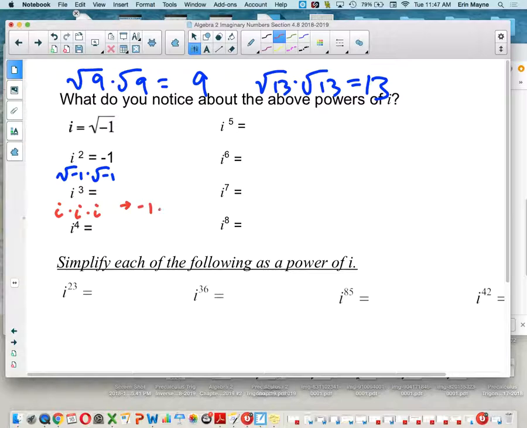Negative 1. This is just negative 1 times i. So what is i cubed? Negative i. So i is just itself, or square root of negative 1. i squared is negative 1. Now we've said i cubed is negative i. You with me so far?